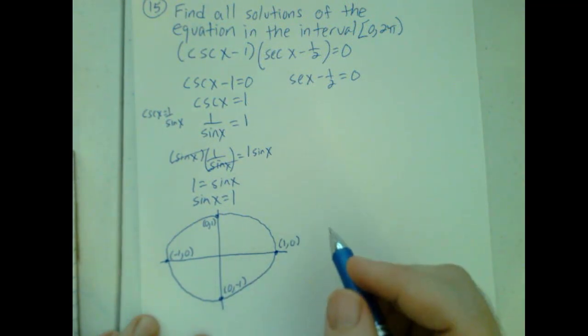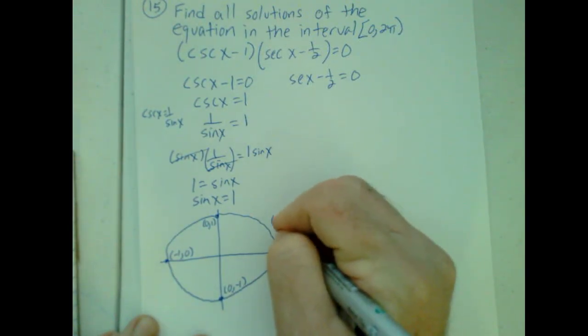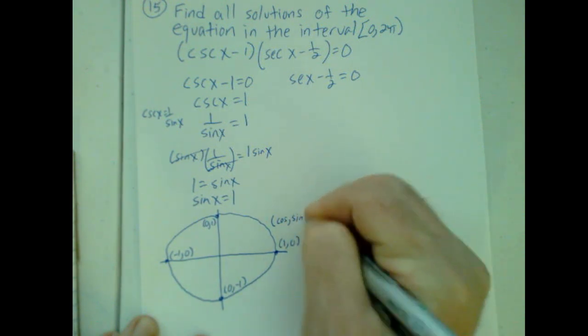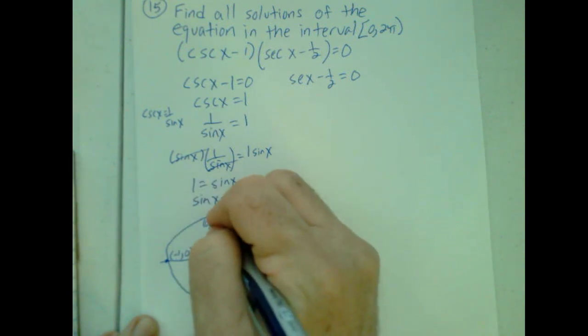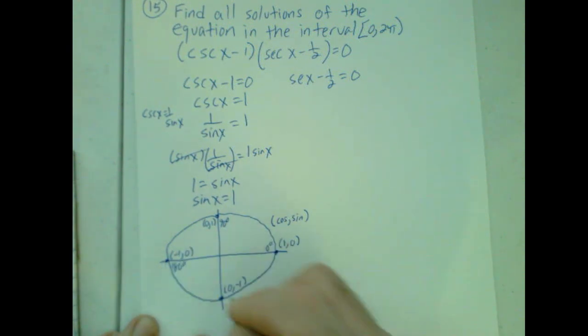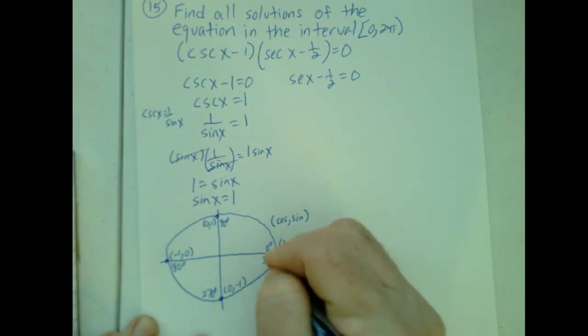For each one of these points, the x value represents cosine, the y value represents sine. So this is 0 degrees, 90 degrees, 180 degrees, 270 degrees, 360.